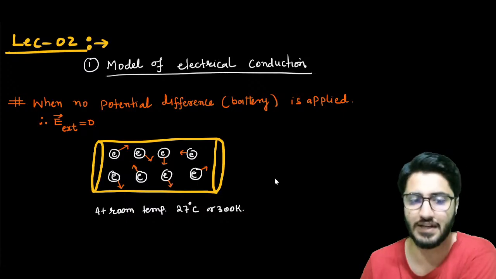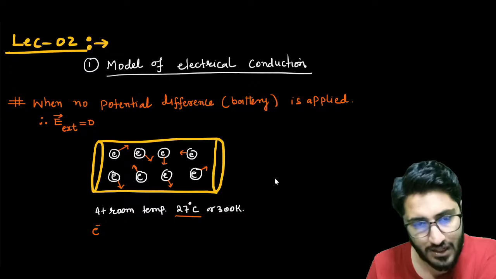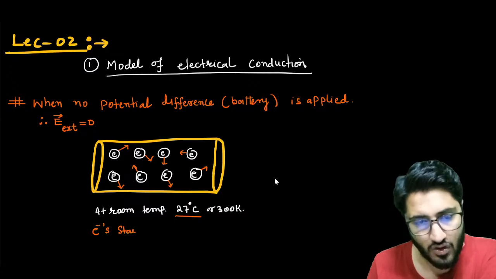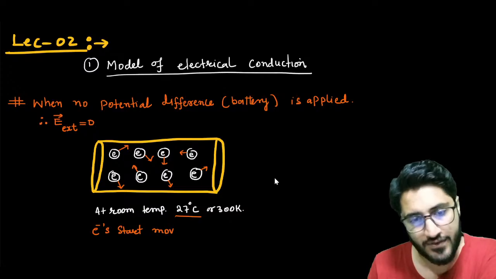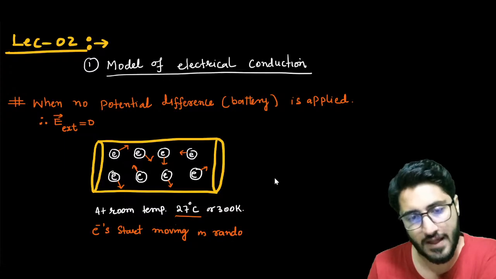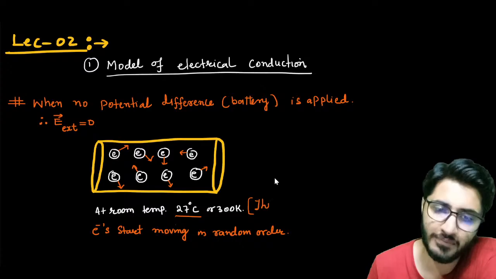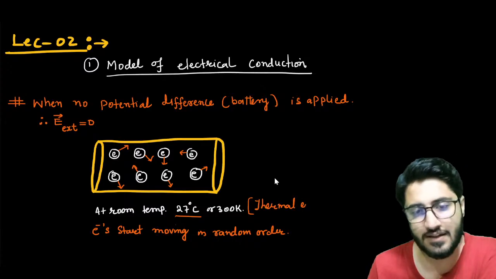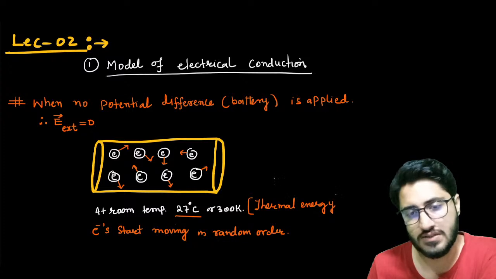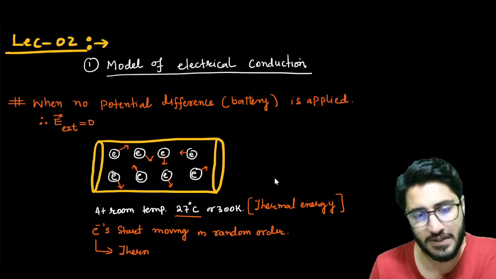Why? Because when we are giving temperature, they will get thermal energy. Due to this thermal energy, my electrons will get thermal velocity or thermal speed.